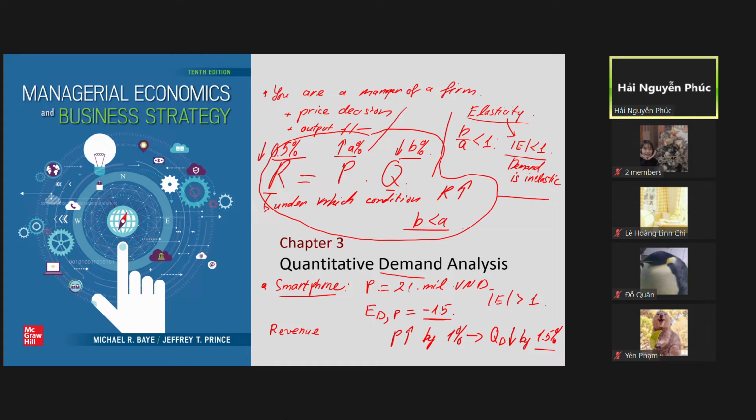So in this case, if you want to increase the revenue, what should you do? Of course, you should reduce the price. Okay? If you reduce the price, let's say by 1%, then the quantity demanded will increase by 1.5%. Then the revenue will increase by 0.5%.